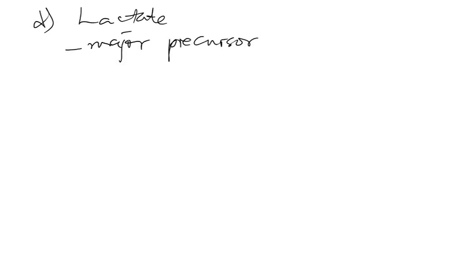The other source of the precursor is lactate. We did mention that this comes from active muscles, and this is the major precursor for gluconeogenesis.